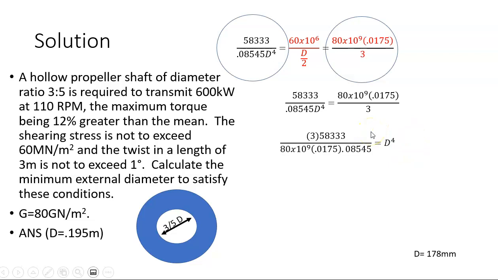And what I'm going to do is cross multiply again, so the 3 times the torque value, and d to the 4 comes up to here, and I bring the 80 by 10 to the 9 and 0.0175 down here. So we're really just cross multiplying. That gives us d to the 4, so I get the 4th root of all of this.